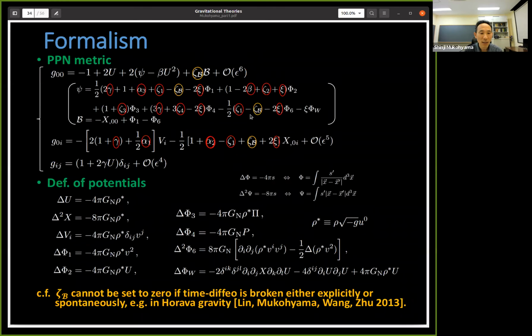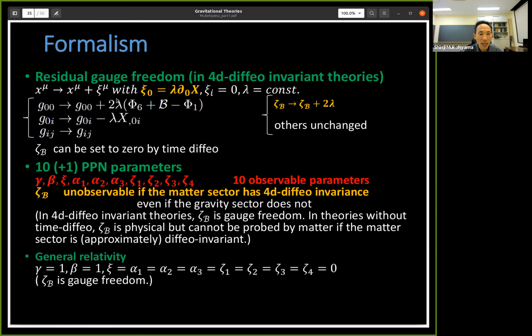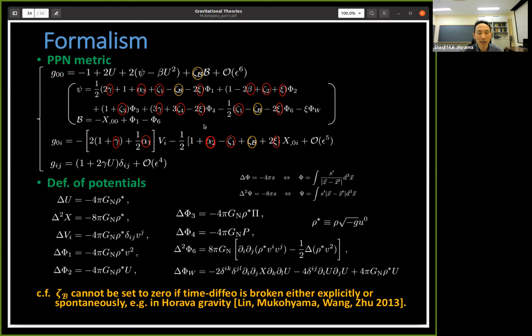By looking at this, lambda enters in this convention: phi_6, zeta_b, and phi_1 all include theta_b.